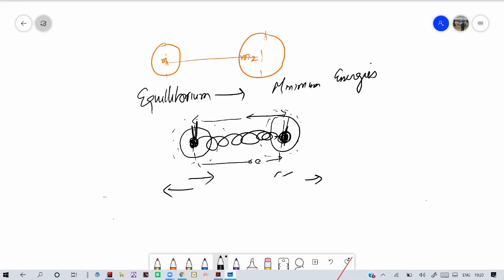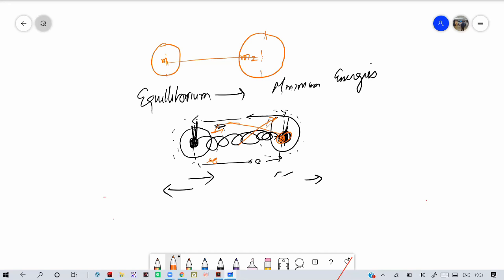On the other hand, there is attraction between the nucleus of one atom and the electrons of another atom. There is a balance between these two, and the total energy of the whole system is minimized.